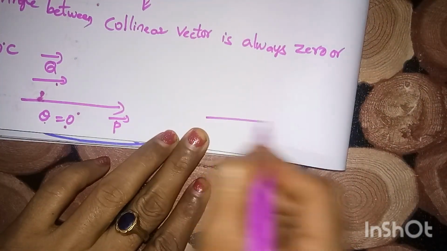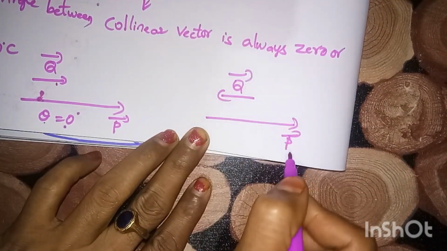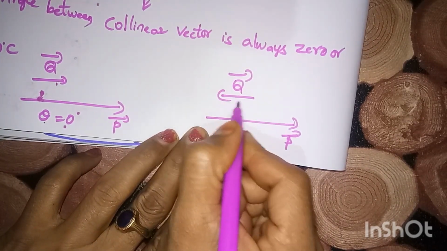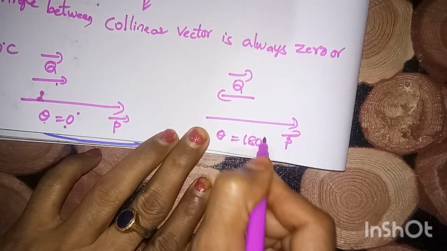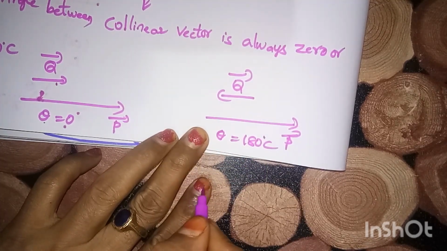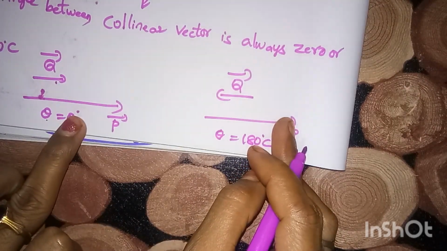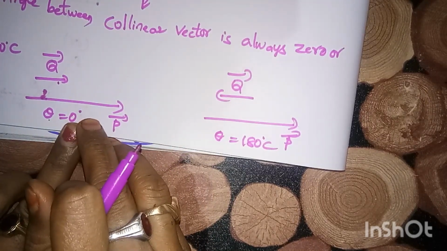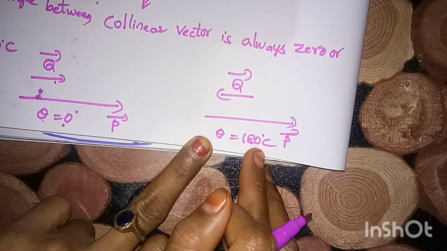Suppose Q bar is moving in the opposite direction to P bar. They are moving in the same line with different directions and different magnitudes, so the angle becomes 180 degrees. Why am I taking 180 degrees?